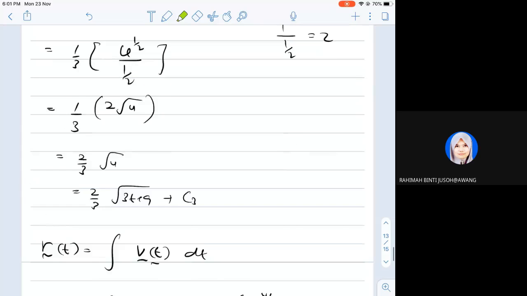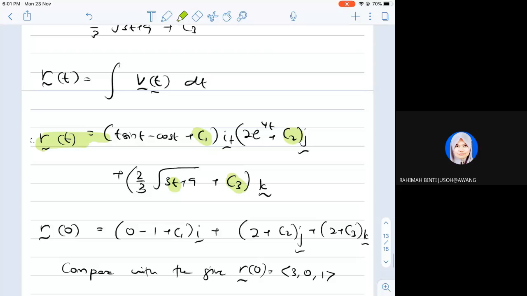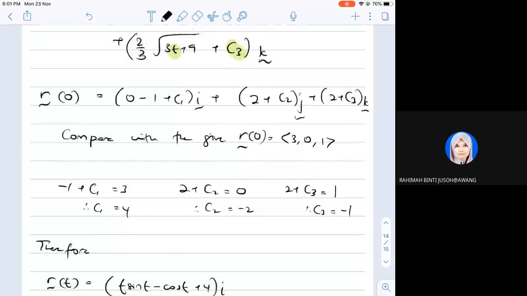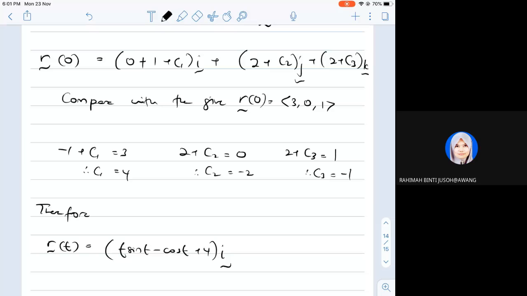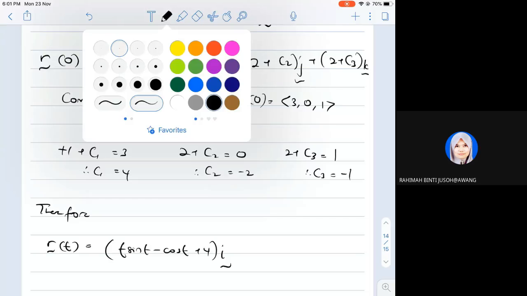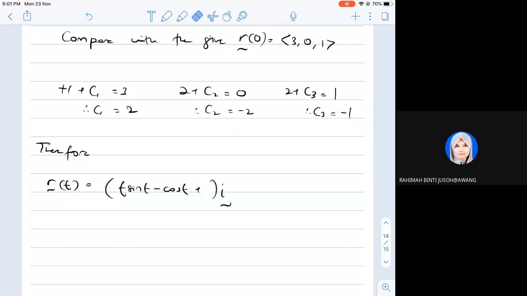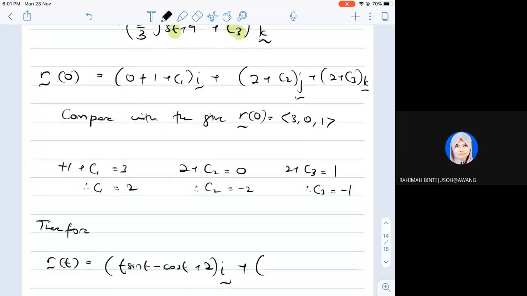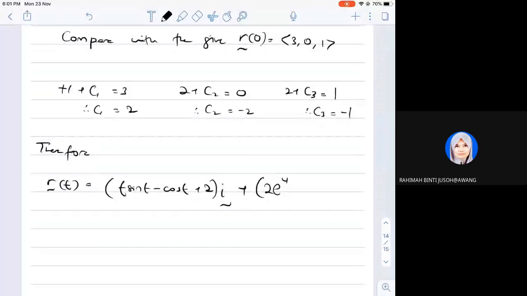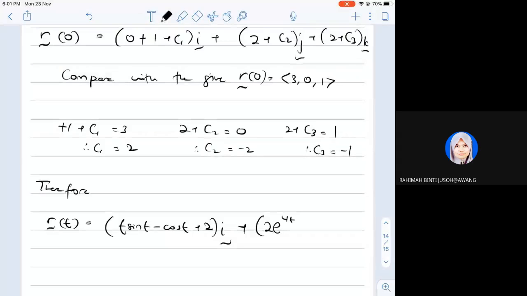I made a mistake. This one becomes plus 1, so it is not 4. 3 minus 1 is 2, so here should be plus 2 i. Then add j, 2 exponent 4t plus C2, so minus 2 j.